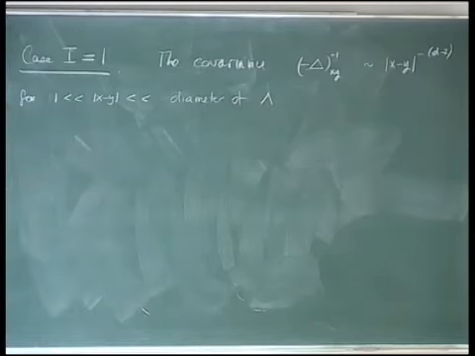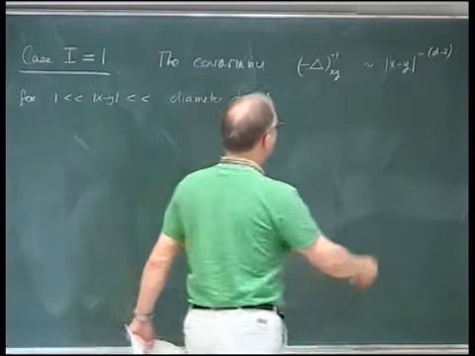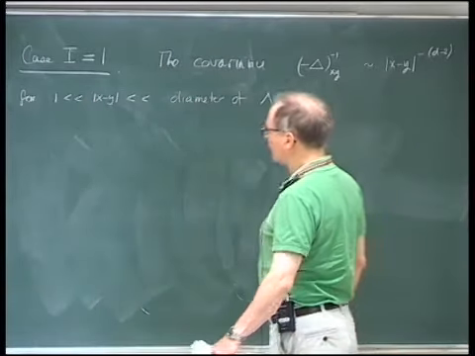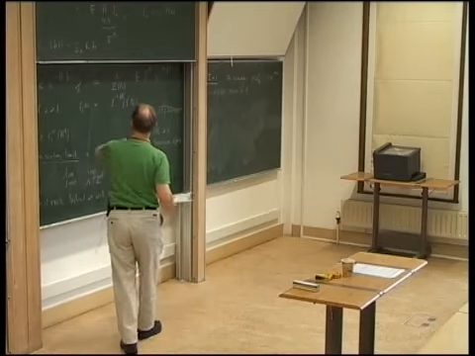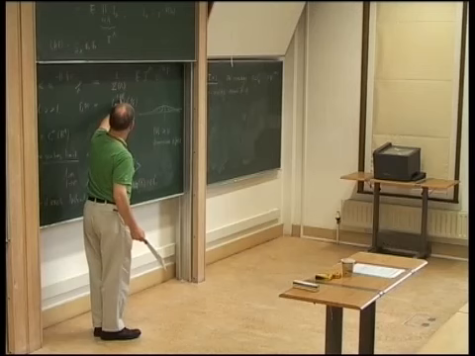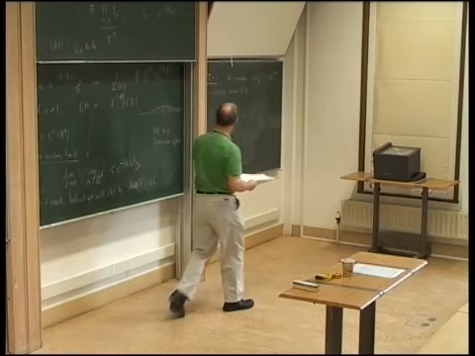Now, this is the asymptotics that actually determines the right choice for this parameter, the power of phi, that I want to put in here.